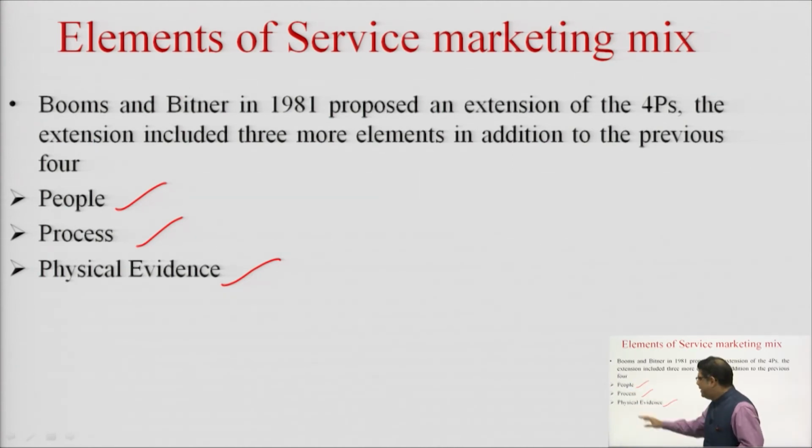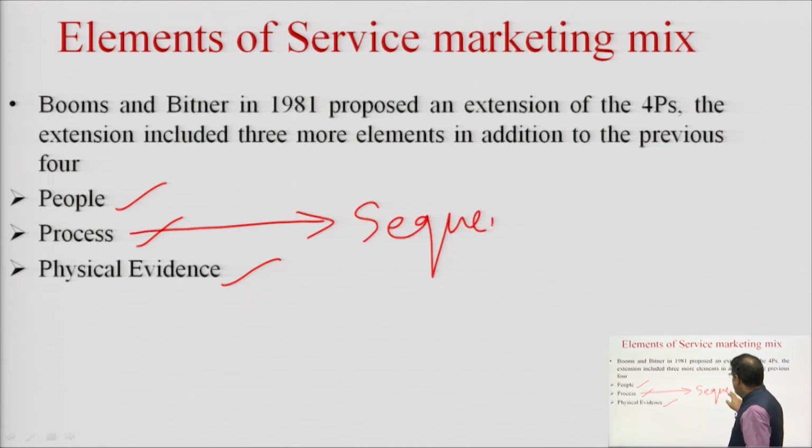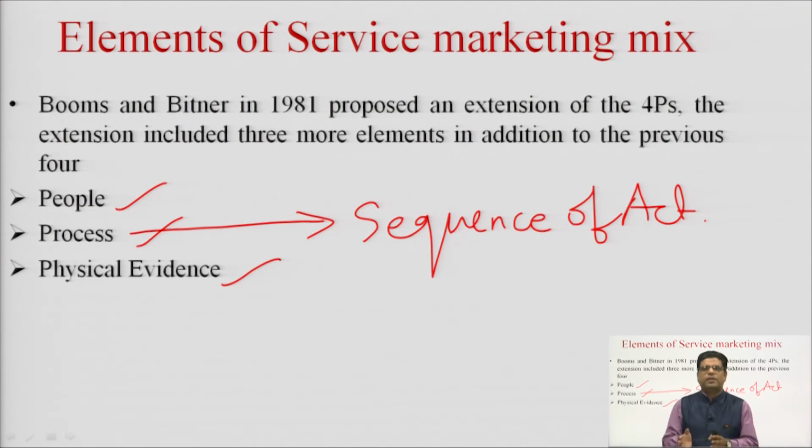Likewise, there is a process. Now, let me define process as a sequence of activities. So, this is a sequence of activities which takes place in order to give the service to the consumer. So, if we are talking about opening of a bank account, there is a sequence of activities.